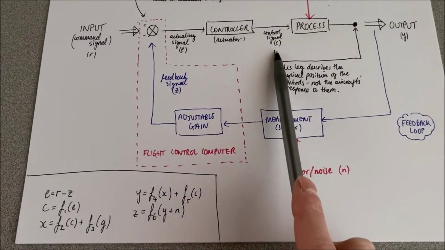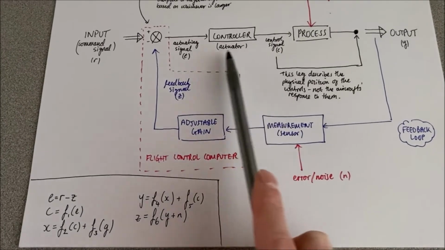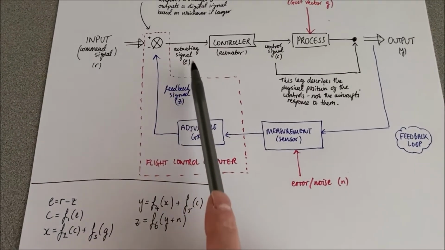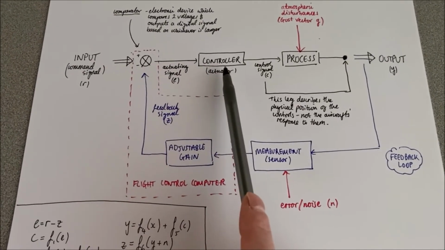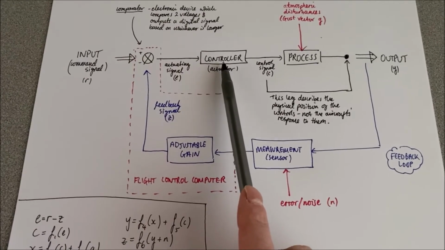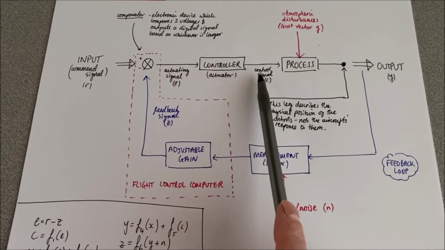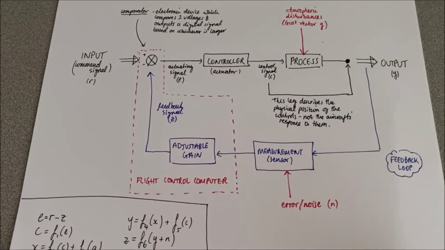The controller signal, C, is some function of the actuating signal. So the actuating signal tells the control surface, for example, to do something, to deflect by a certain amount in a certain direction, and that obviously informs the control signal, which is basically the aircraft's response to that control input.